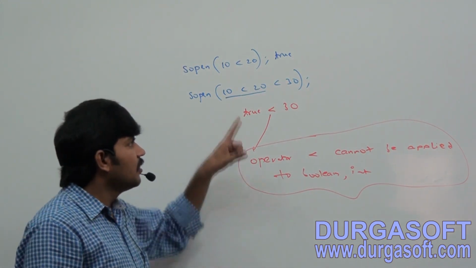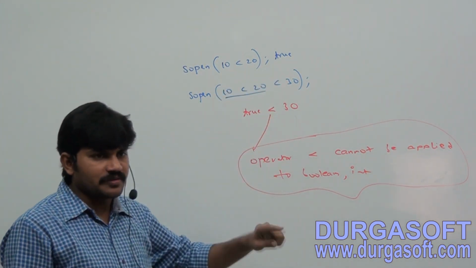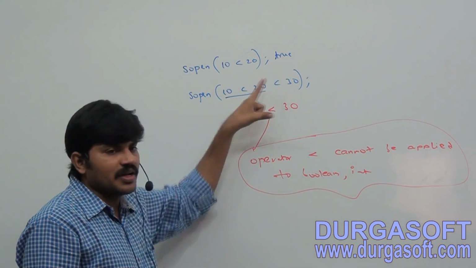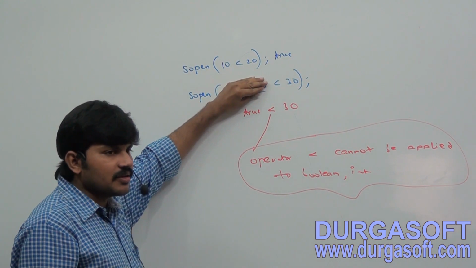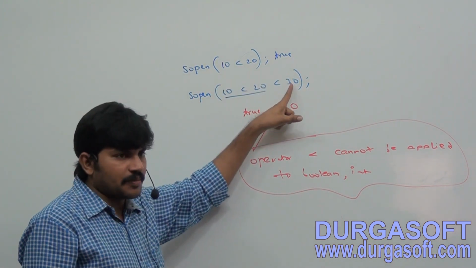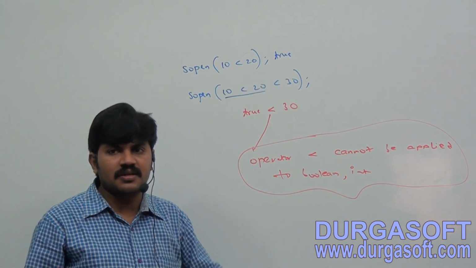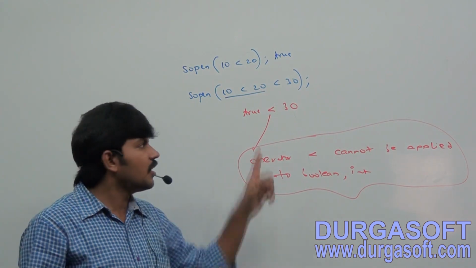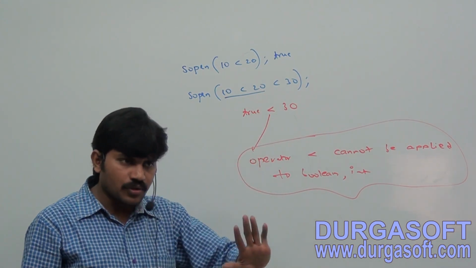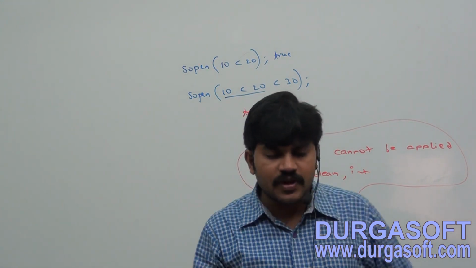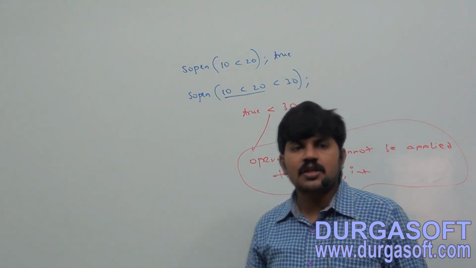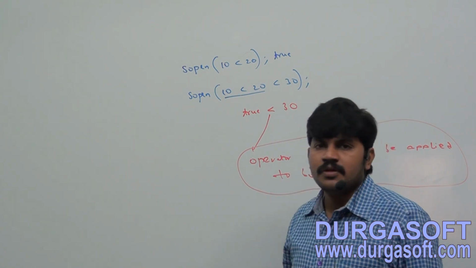So make sure, from this, what conclusion? Nesting of relational operators not allowed. Sir, after applying a relational operator, once again I am trying to apply a relational operator. Such terminology is not applicable in Java. Nesting of relational operators is not allowed. Is it clear for all of you?